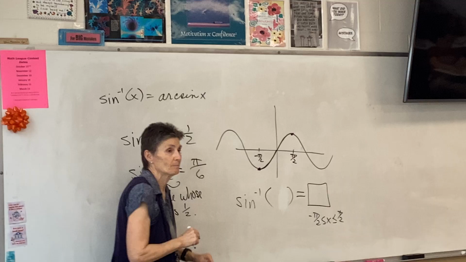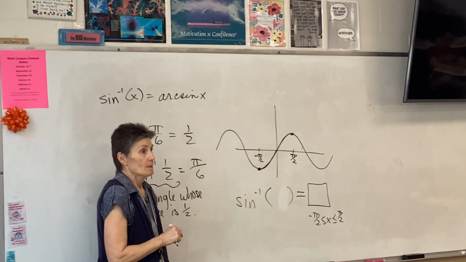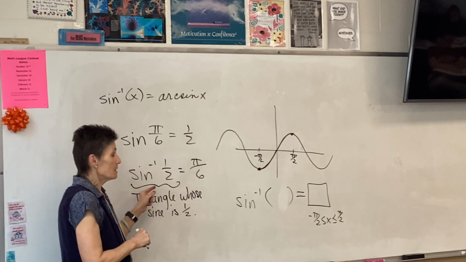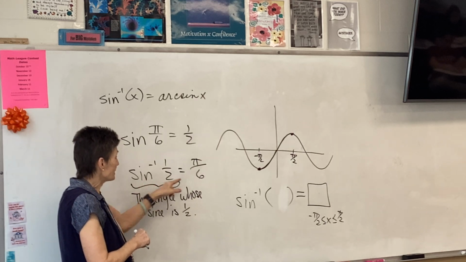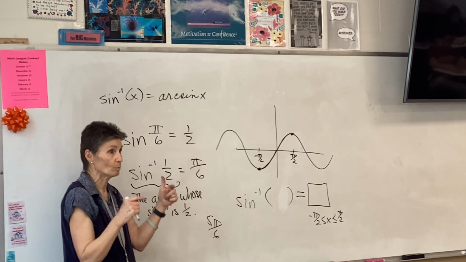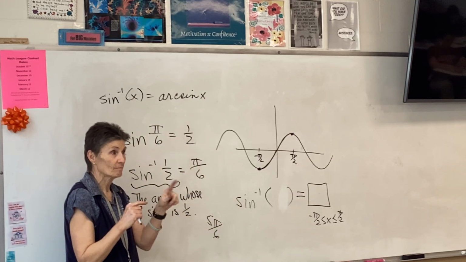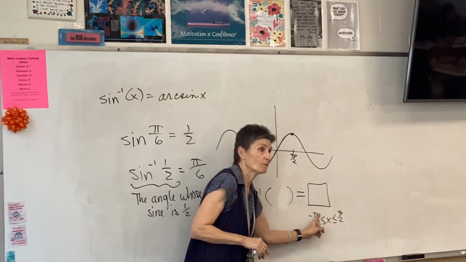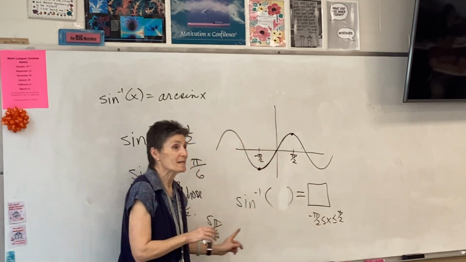Has to be between them. So when Alex said, we have a problem here, because the angle whose sine is 1/2 could also be 5 pi over 6. Think of your unit circle. Would you agree with that? 5 pi over 6. Problem is 5 pi over 6 in this interval? No. So we can't consider it.